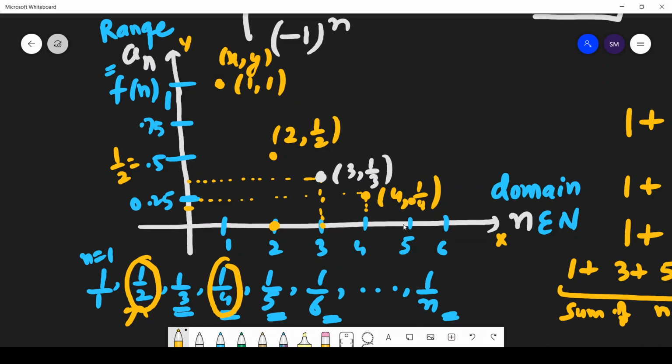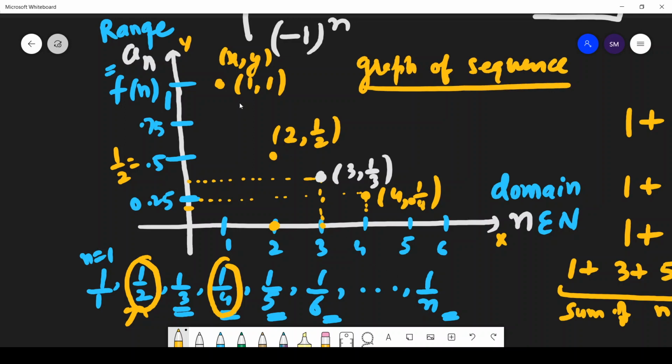Now is our graph of sequence complete, or shall we join these points? Suppose you join these points, then I have a point over here, suppose this point.